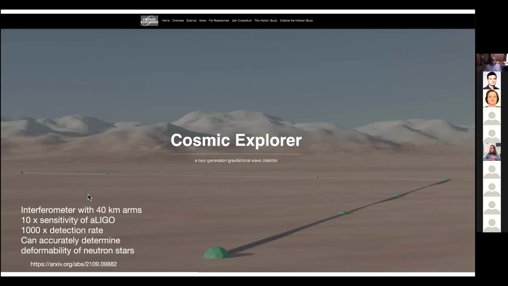Compared to LIGO, Cosmic Explorer would have 10 times the sensitivity, and so it would detect neutron star mergers at 1,000 times the rate. And this observatory could accurately determine the deformability of neutron stars. So this is certainly a very exciting future prospect.